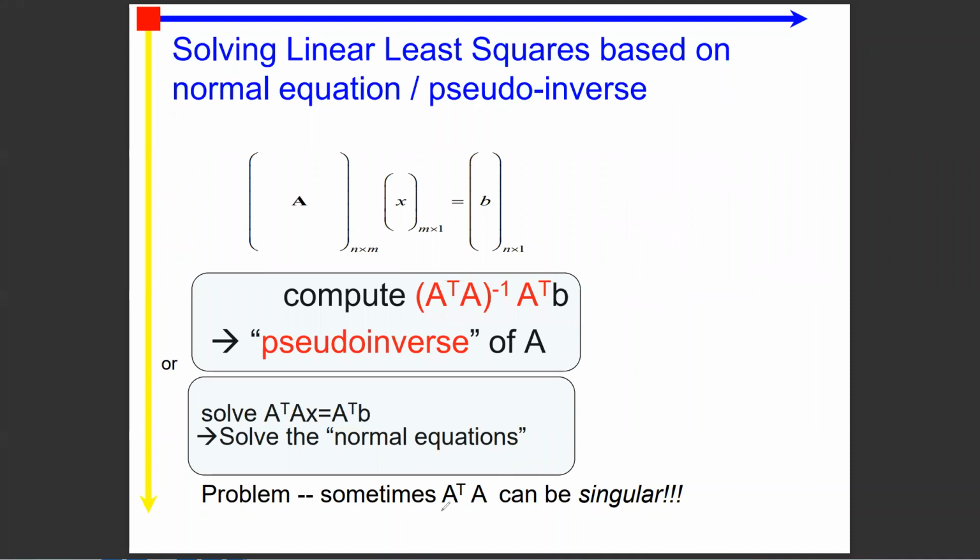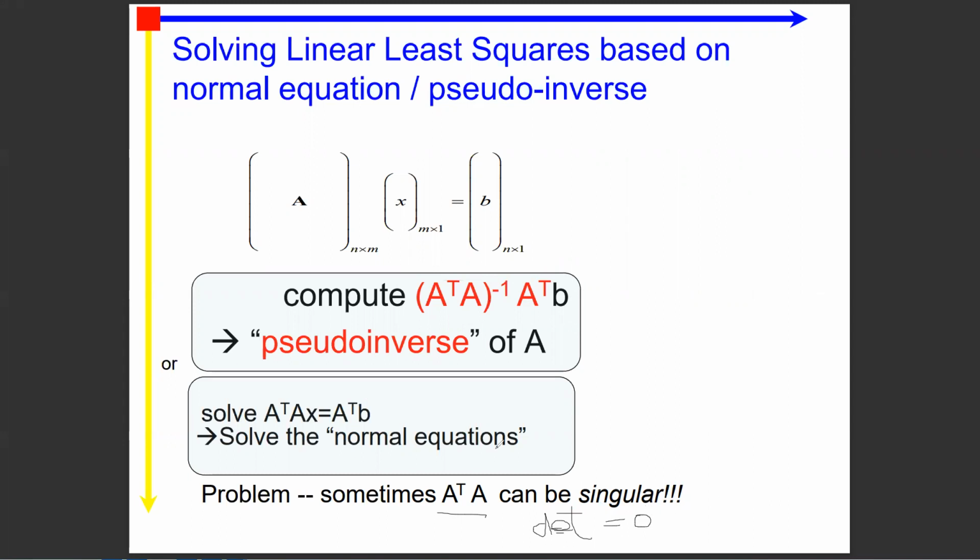But this thing has to be not singular, because if it's singular, which sometimes can happen, not always, it means the determinant is equal to 0.